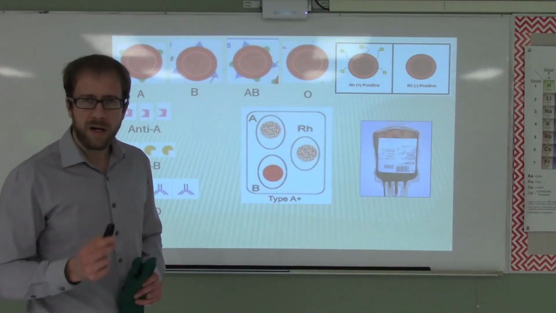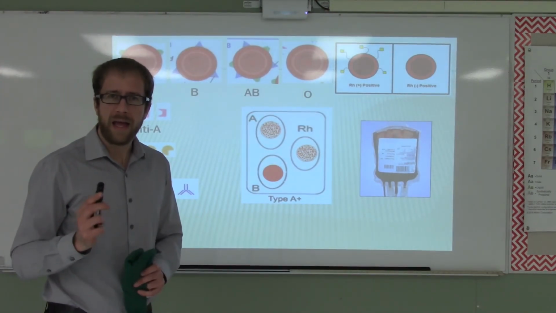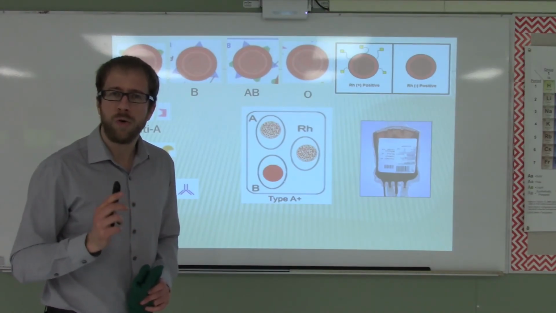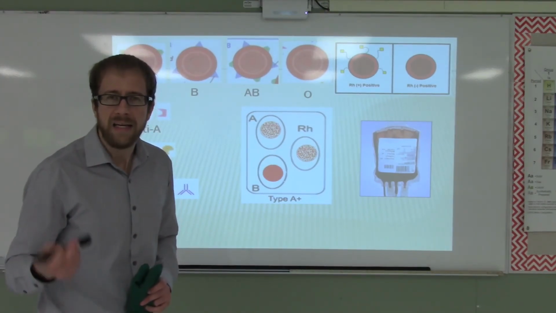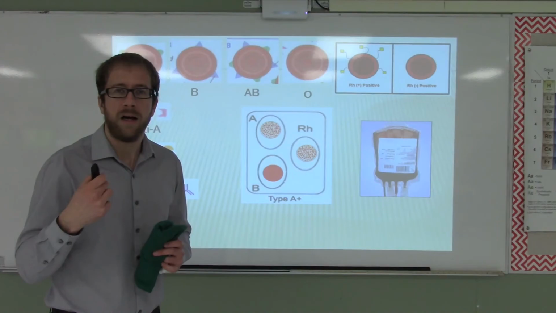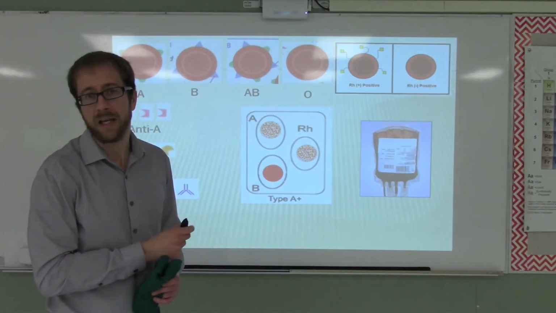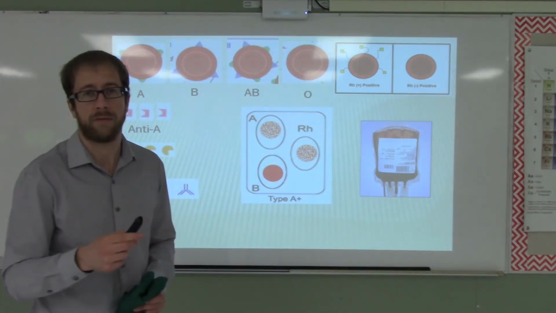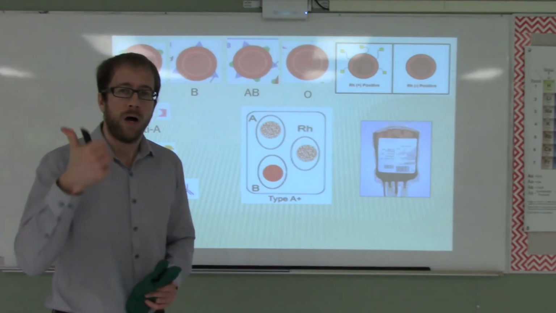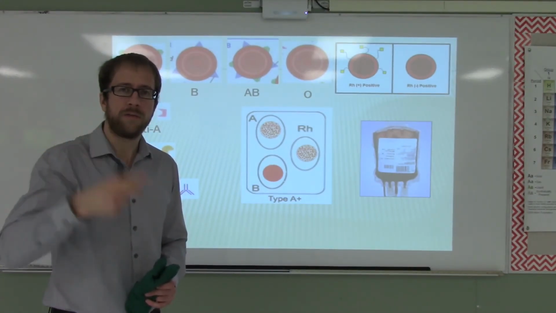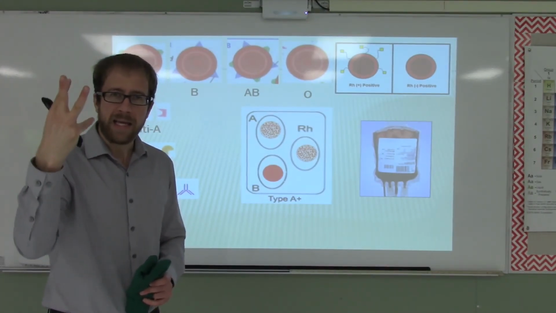If they are A positive, they can receive blood from any blood type that also has their antigens and does not contain B antigen in this case, right? The only antigen that they do not have. So they can receive blood from O negative, O positive, A negative, and A positive.